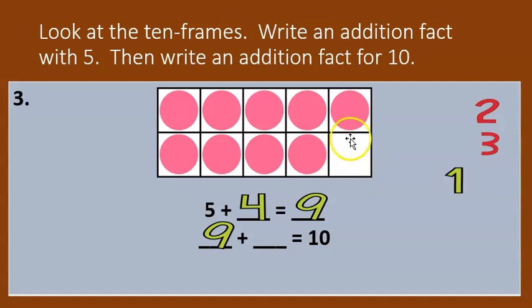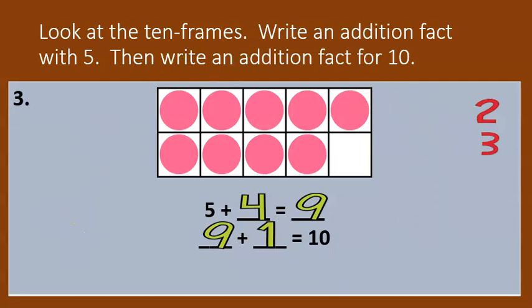Look at this white square. Doesn't have any circles in it. So therefore, that's 1. So we got to insert 1 here. When we insert 1 there, we have now 9 plus 1 equals 10, which is correct. Now, that is our example.